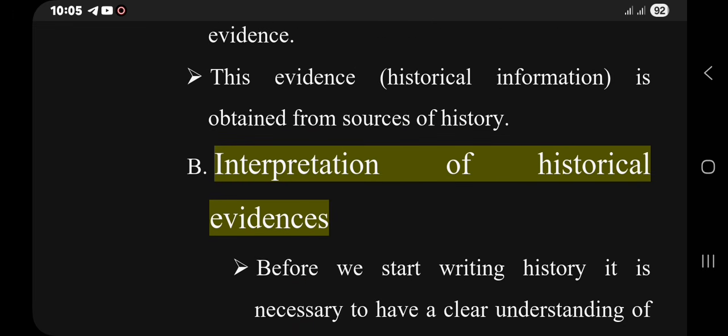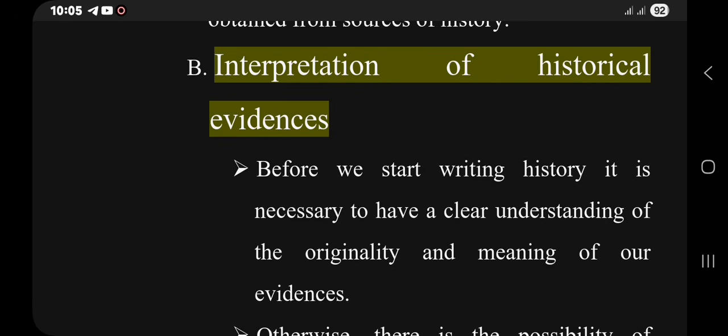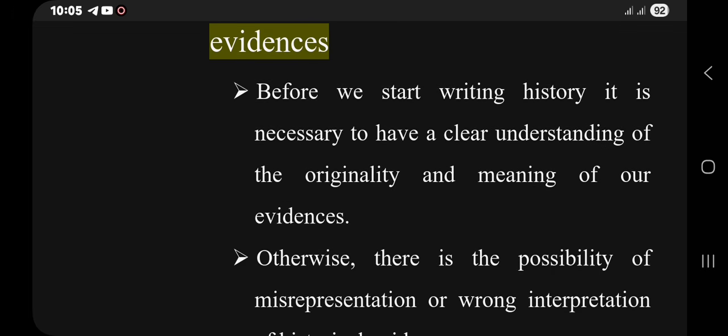The second element of history is interpretation of historical evidences. Before we use sources, we must interpret them, the meaning and originality of our primary or secondary sources or oral tradition.